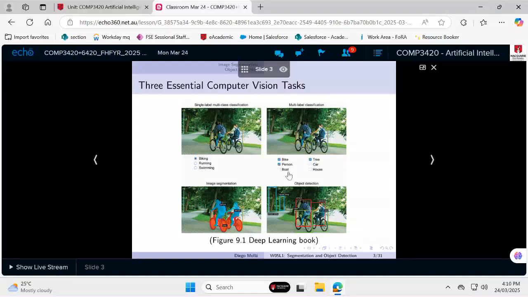We have been focusing on the single label, and that means that on the final layer, you have one neuron per class, and then you pick the neuron with the highest probability, right? So that's what we're doing so far. Like in the MNIST, there are 10 neurons.